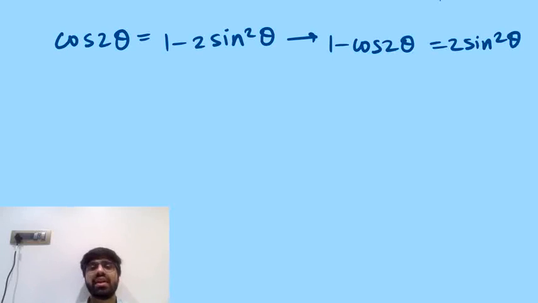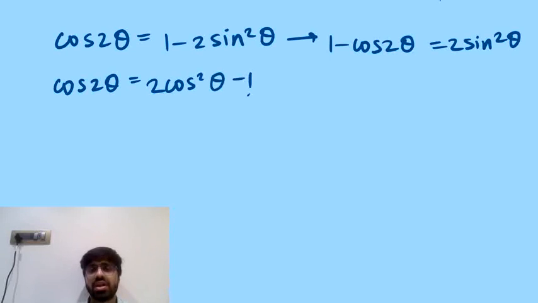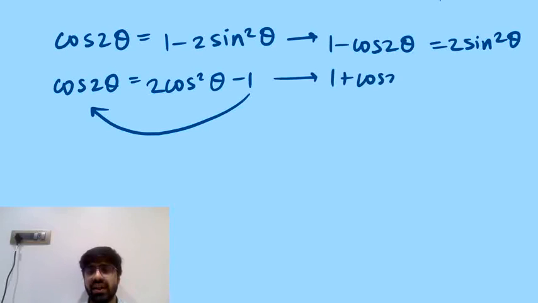In a similar way, the second formula you had was cos 2 theta equal to 2 cos square theta minus 1. Just bring that 1 on the left hand side, and that will give you 1 plus cos 2 theta is equals to 2 cos square theta.